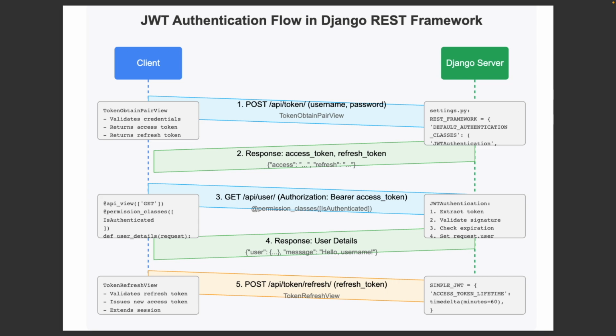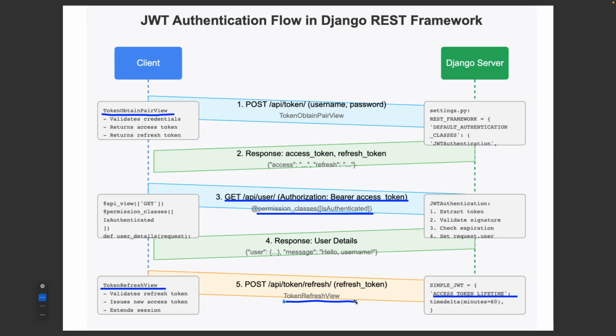So keep in mind the three most important concepts. The first is the TokenObtainPairView, which will give you both the access and the refresh token. The second one is the protected view. It could be used for user details, for your payment, whatever you want to protect.